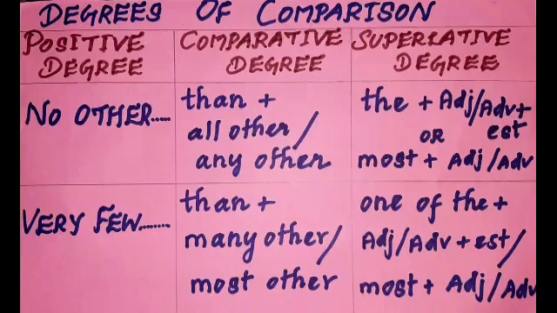The same applies for the second rule. If we have the phrase very few in positive degree, we should use many other or most other in comparative degree, and in superlative it should be one of the plus whatever adjective is given in the sentence.